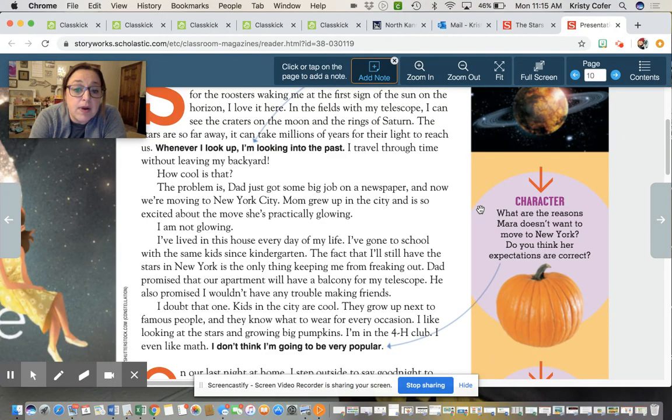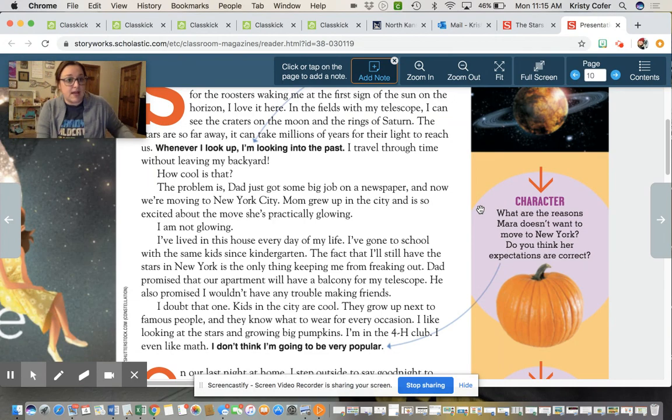Dad promised that our apartment would have a balcony for my telescope. He also promised I wouldn't have any trouble making friends. I doubt that one. Kids in the city are cool. They grow up next to famous people, and they know what to wear on every occasion. I like looking at the stars, growing big pumpkins. I'm in the 4-H club. I even like math. I don't think I'm going to be very popular.